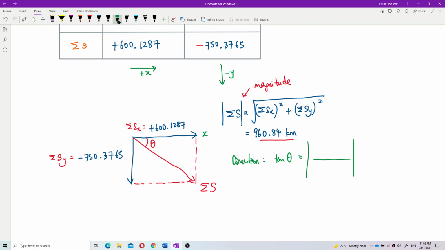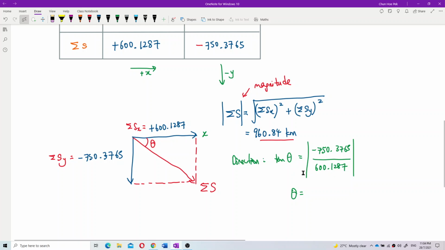So tangent theta is opposite over adjacent. Opposite is this one, 750.3765, and then over adjacent, which is 600.1287. Let us calculate the answer. Modulus means the negative sign will be gone.